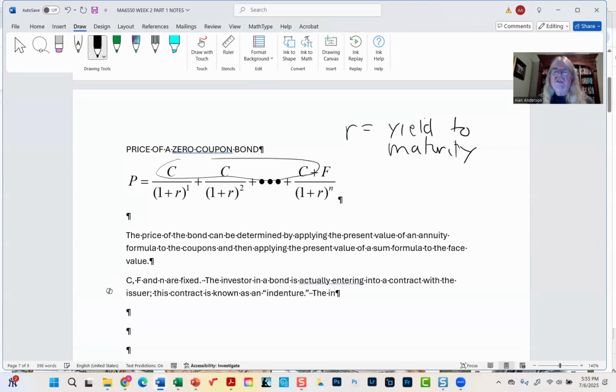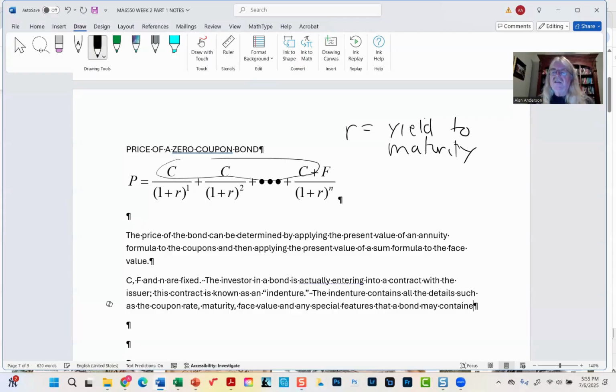So the indenture contains all the details, such as the coupon rate, maturity, its value, and any special features the bond may contain. And there's quite a few that are fairly common features. It's all specified in the contract.